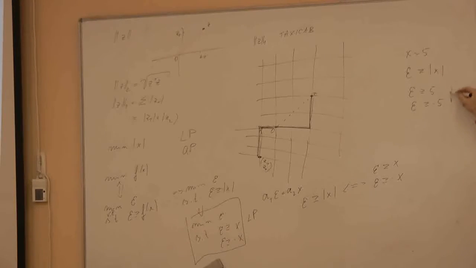If epsilon satisfies these two constraints, would it also satisfy this constraint? Yes. If x is minus 5, this constraint really means epsilon is larger than 5. So here it would mean epsilon is larger than minus 5 because that's our x, and epsilon is larger than plus 5 because that's minus x. So this still forces epsilon to be larger than the absolute value of x.